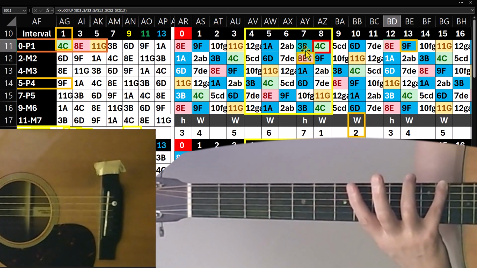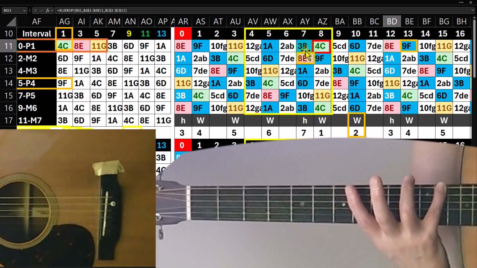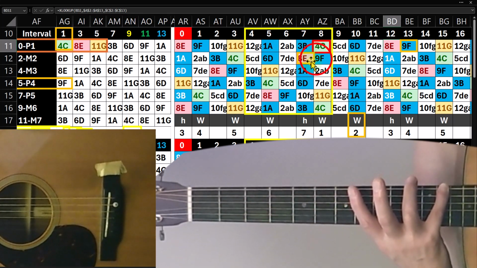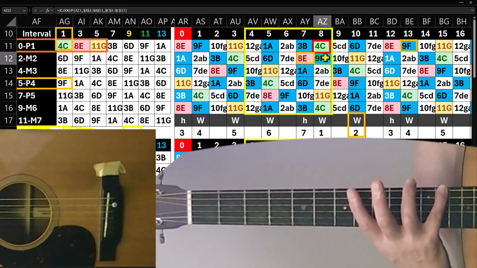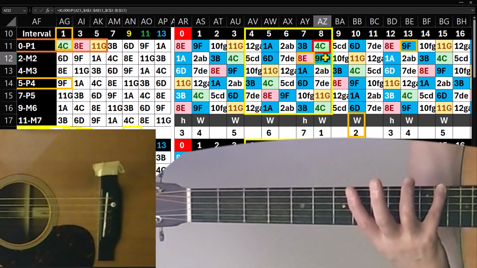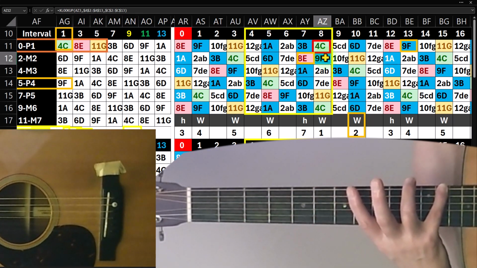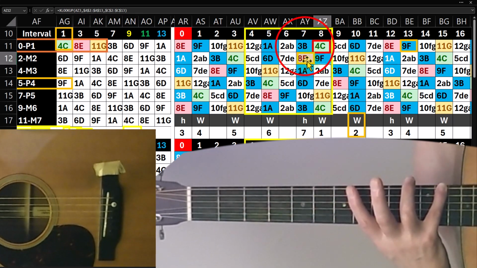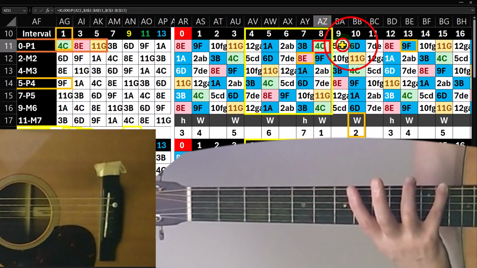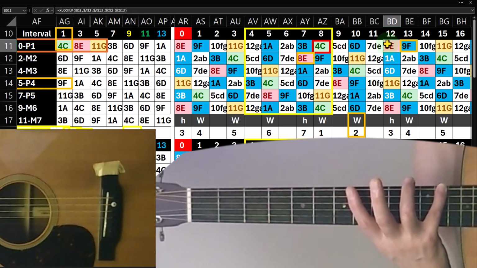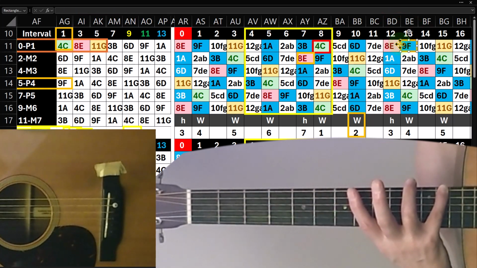Now, when I go above it, the distance has to be the inverse. So I'm looking for a distance of 1 note away to get to here. And the inverse distance is 12 minus 1, which would be 11. So if I'm looking for a distance of 11, which would be 5, 4, 3, 2, 1, 0, or octave, and then 12 minus 1 is a distance of 11.